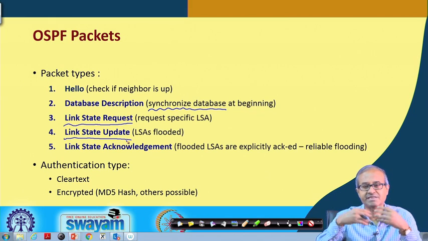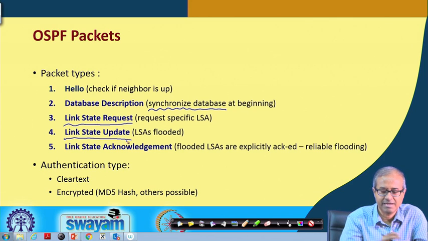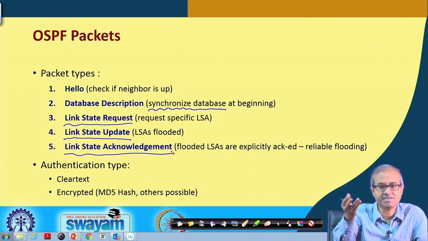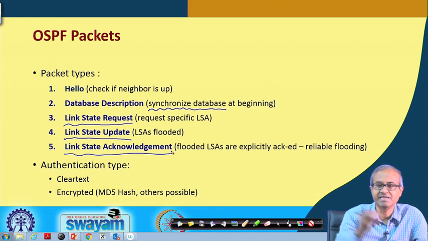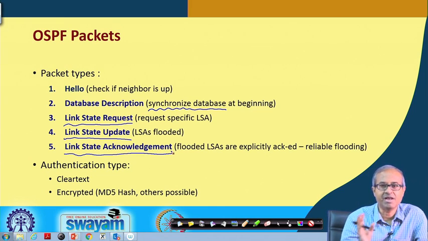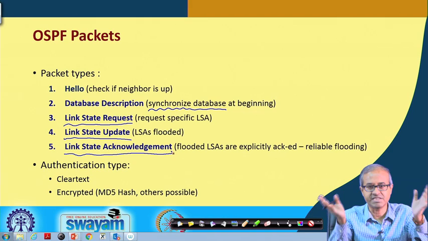That is actually the link state information which a router sends to some other router. And link state acknowledgement means once some router receives a link state advertisement, it will send back an acknowledgement that, well, I have received it correctly, so that other routers know that what I have sent was received correctly by everyone else, right.